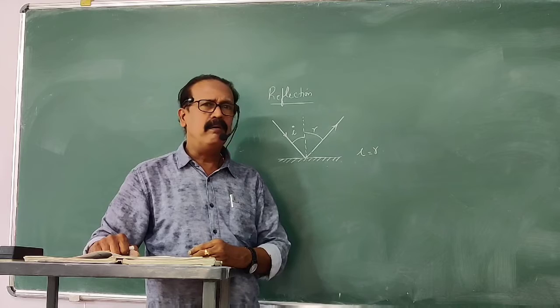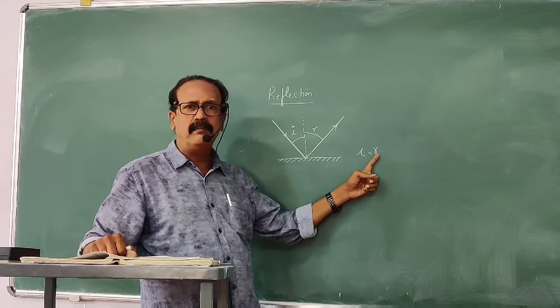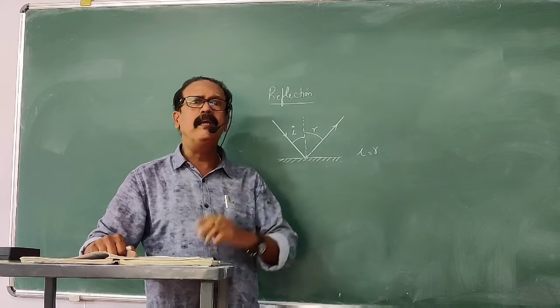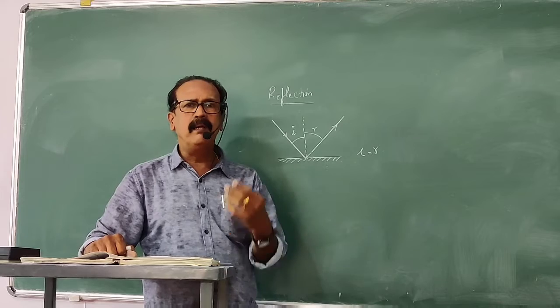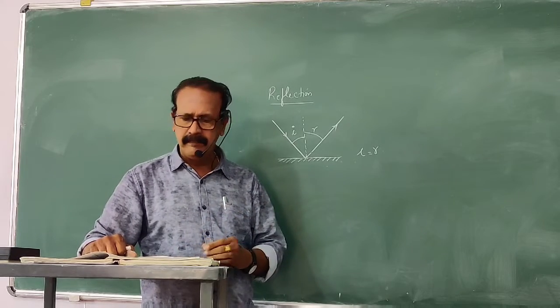The second law: the angle of incidence is equal to the angle of reflection, that is I equals R. These are the laws of reflection, which are obeyed in any kind of mirror, whether plane mirror, concave mirror or convex mirror.